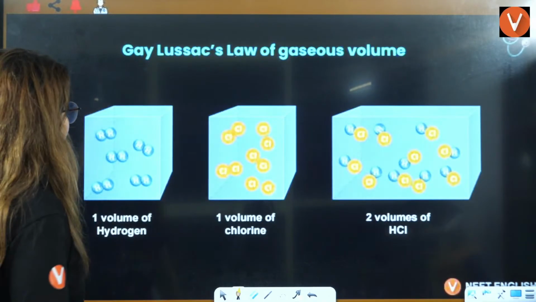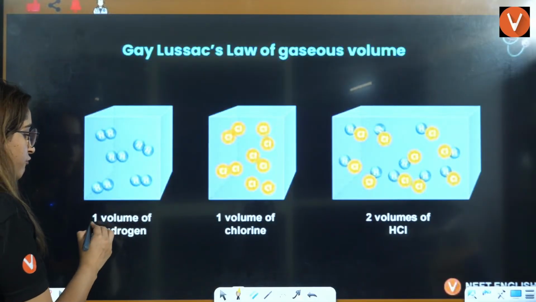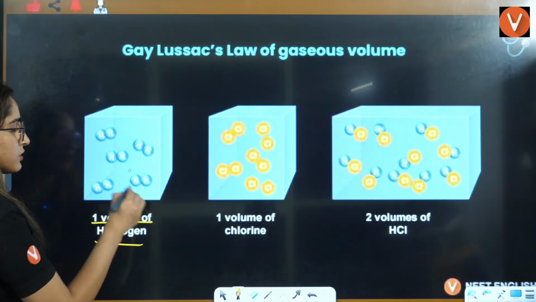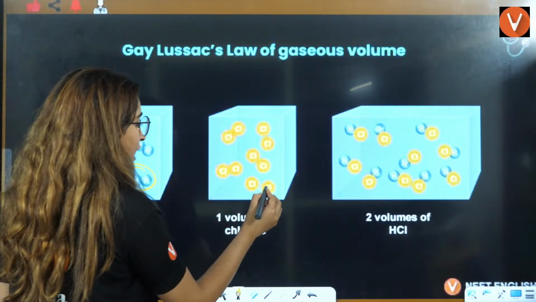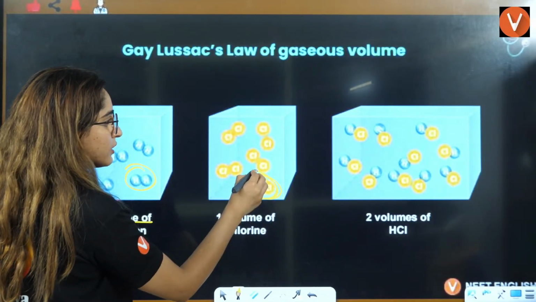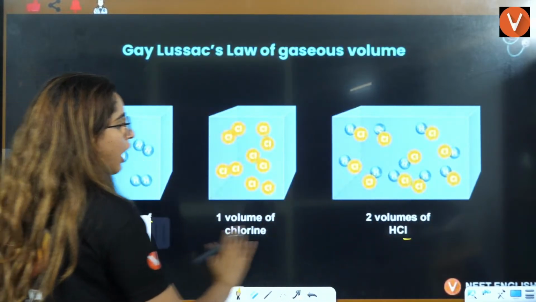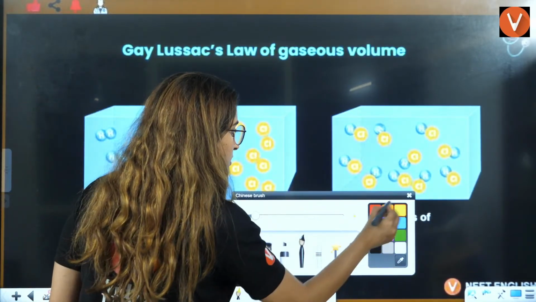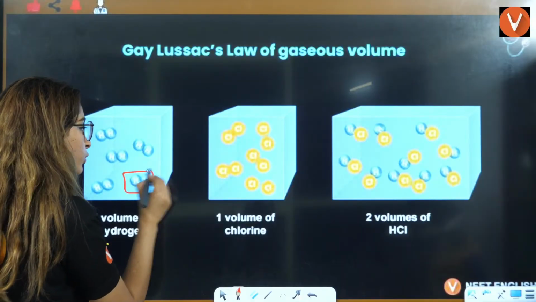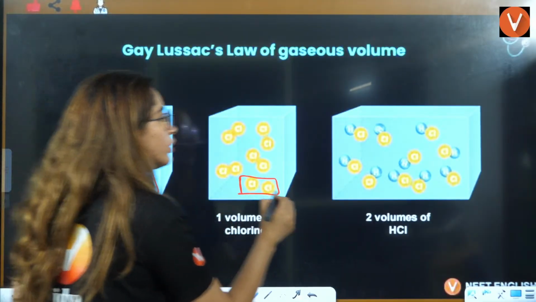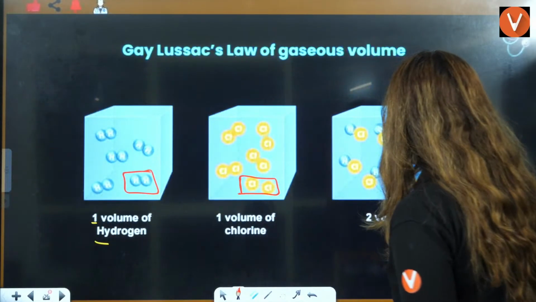Now, if you see this here, 1 volume of hydrogen reacts with 1 volume of chlorine to form 2 volumes of HCl. Can you see in the beaker how it is? This 1 molecule reacted with this 1 molecule to form 2 volumes of HCl.